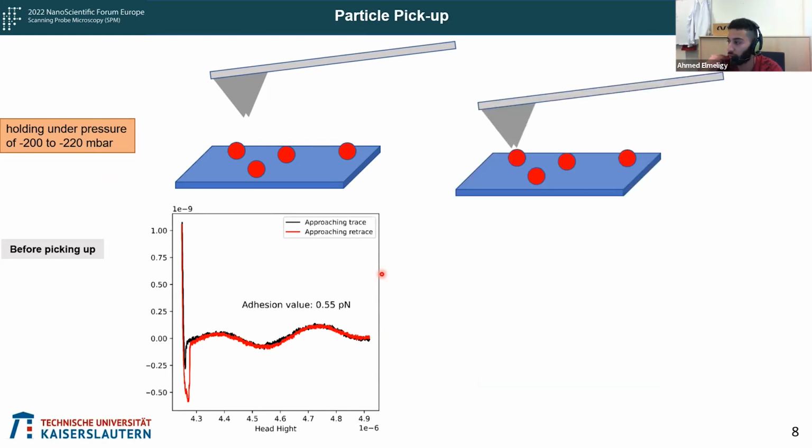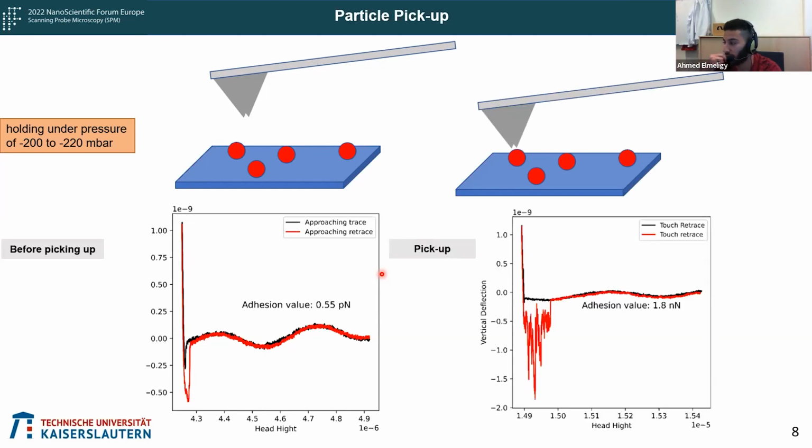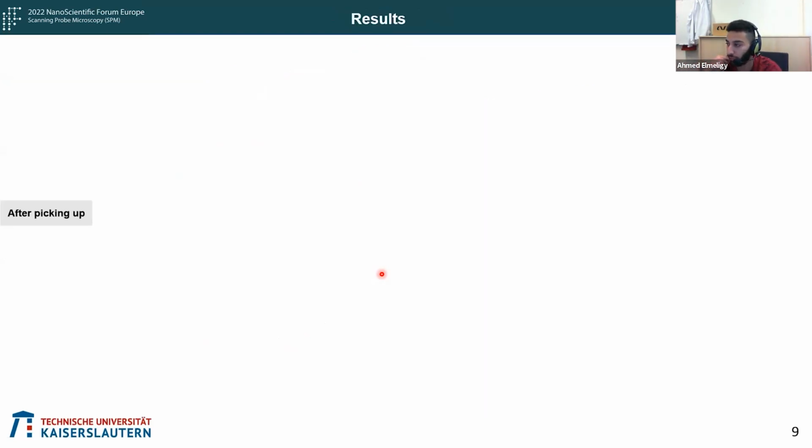After that, when you start to lift the particle from the surface, it starts to show some hesitation in the retrace curve, which gives an indication that the particle is approaching the opening aperture due to, of course, the attraction force that has been created under the negative pressure.